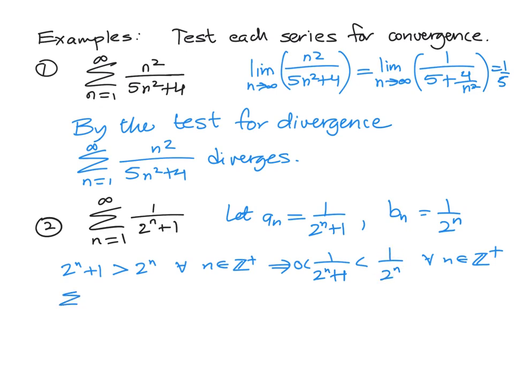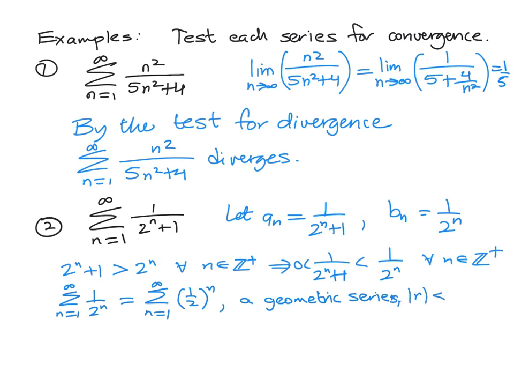So the sum from n equals 1 to infinity of 1 over 2 to the n. Well, that's just the sum of (1/2) to the n, a geometric series with absolute value of r less than 1. So the sum from n equals 1 to infinity of 1 over 2 to the n converges.